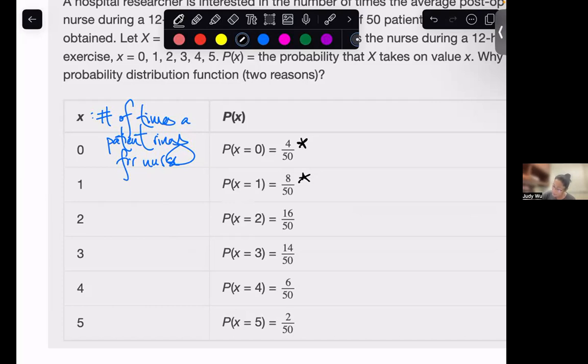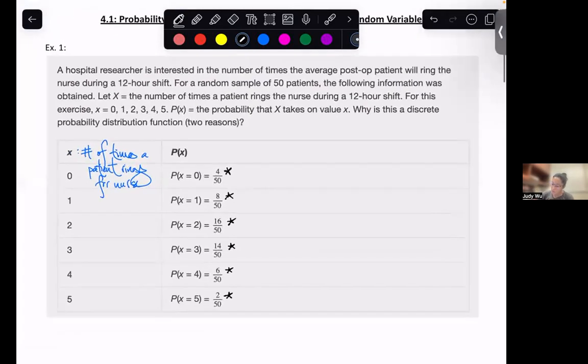And if we keep going, we see that 16 patients rang the bell 2 times, 14 patients rang the bell 3 times, 6 patients rang the bell 4 times, and then there were 2 folks who rang the bell 5 times in a 12-hour shift. So what this is telling us is that most of the patients rang either 2 or 3 times, 16 out of 50 or 14 out of 50.